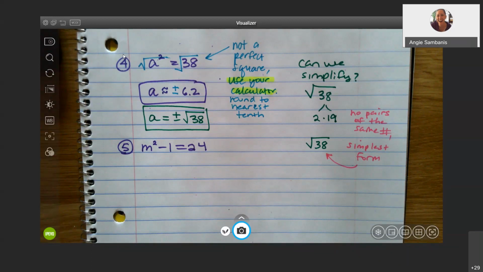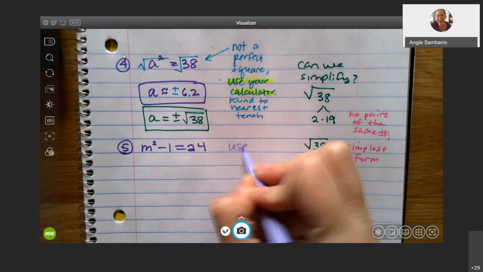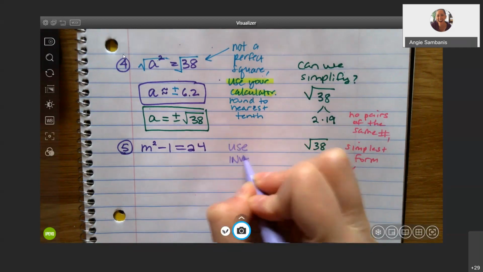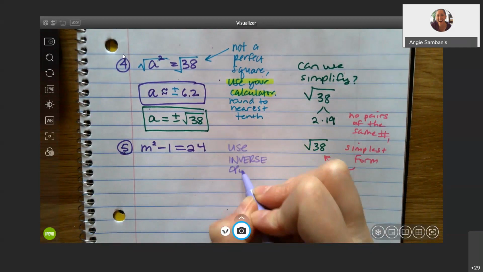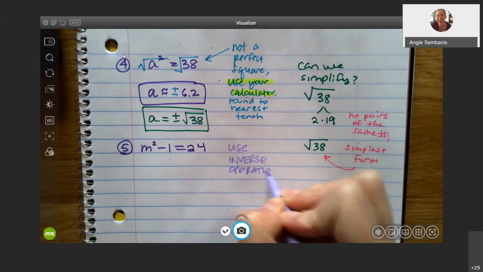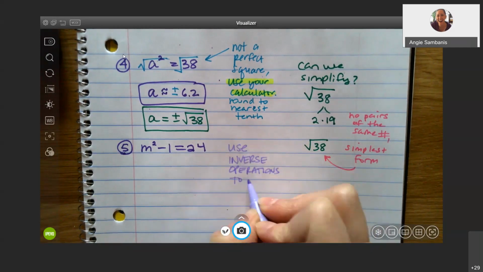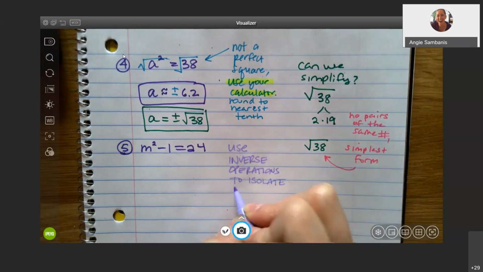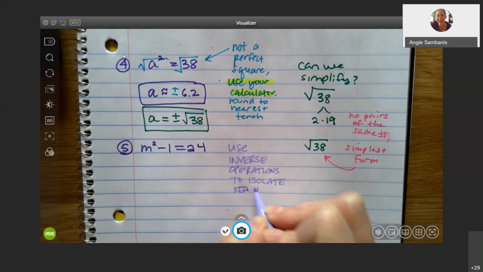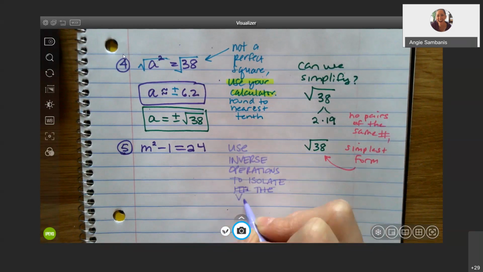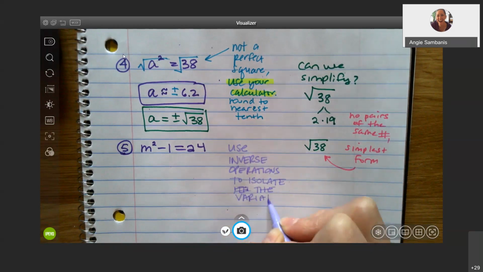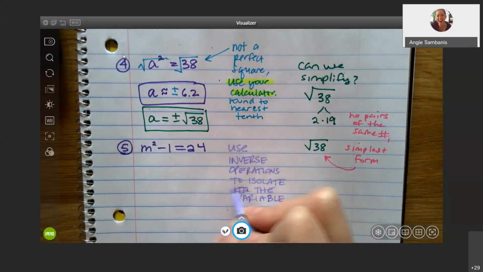Good, Juju, Rania, good. We're going to have to use inverse operations to isolate the variable, to get the m by itself. Let's isolate, right?